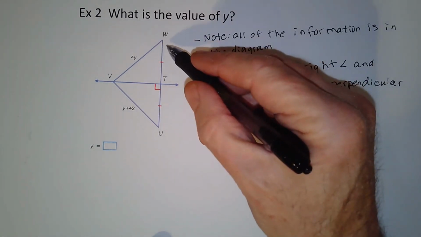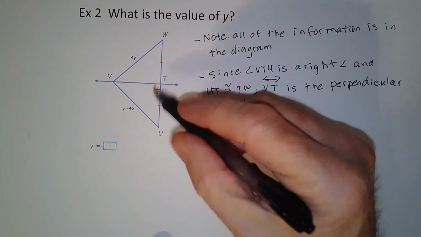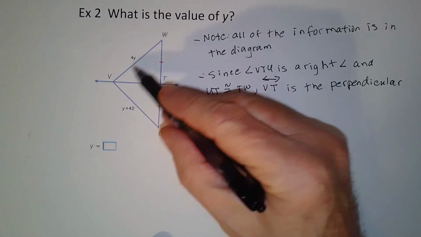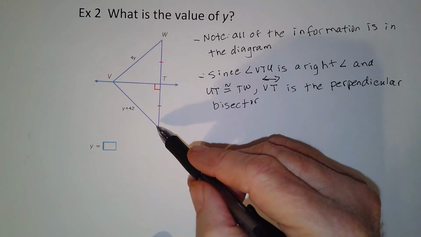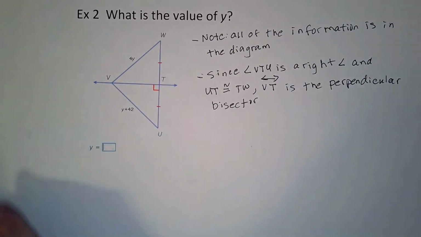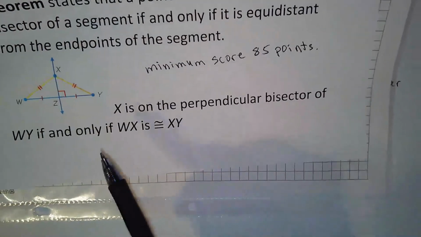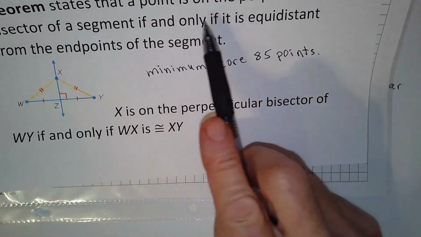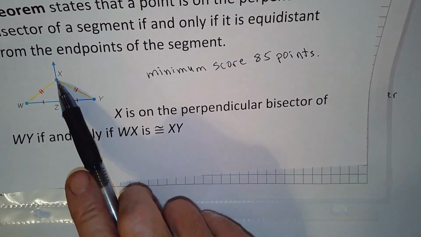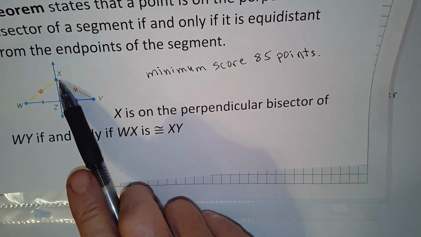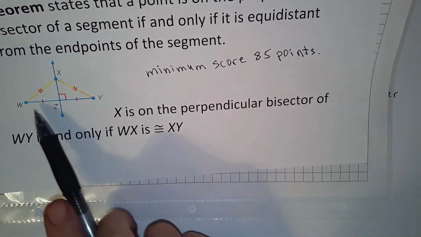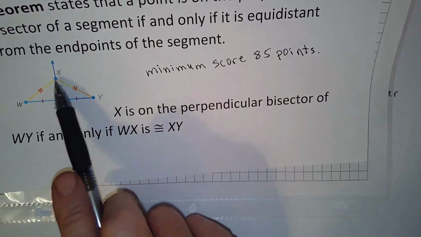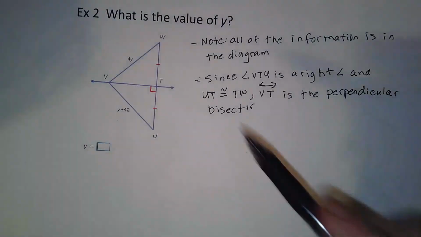It's the perpendicular bisector of WU, but we also know it is in the middle here because of the perpendicular bisector theorem. If you remember going back to the theorem itself, the theorem said that a point is on the perpendicular bisector, in this case point X, if and only if it is equidistant from the endpoints of the segment, which it is, and this is the distance. And so the same thing's happening here.